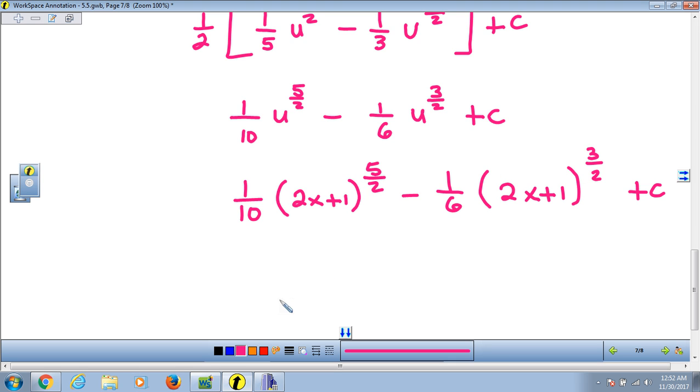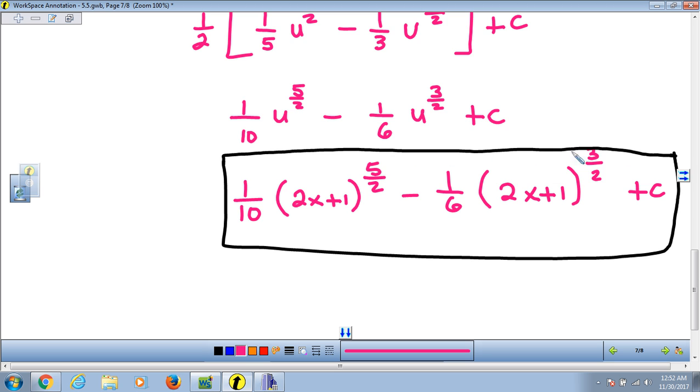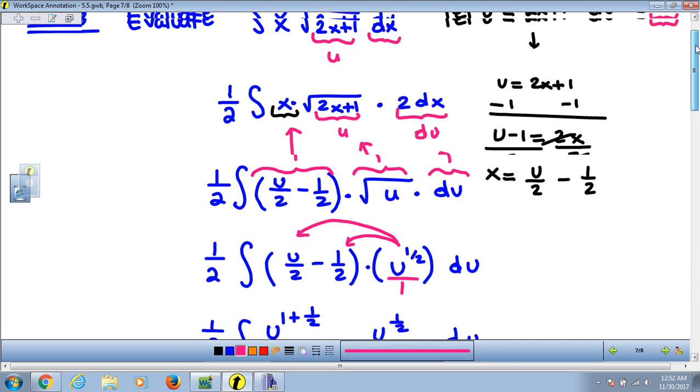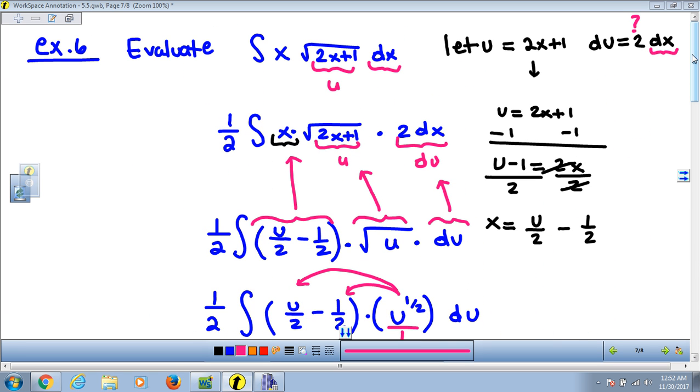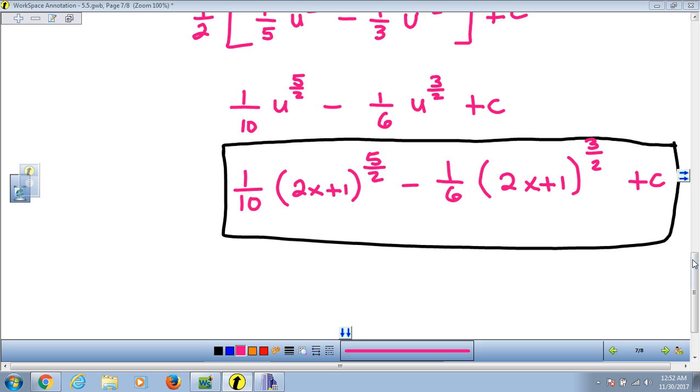And that's what our answer is supposed to be. So this is the final answer for the indefinite integral of this function. Quite lengthy, not impossible to do, but you need to take your time and do it slowly because it's very easy to make a careless mistake. It's the same idea as all the other problems, just a little bit more work.